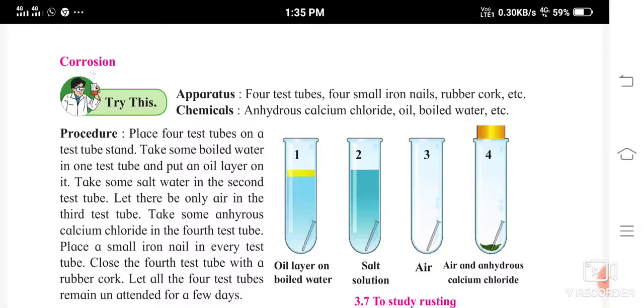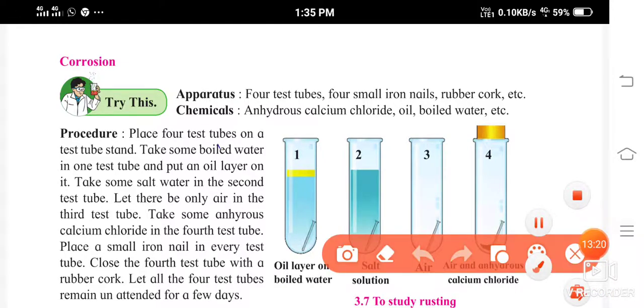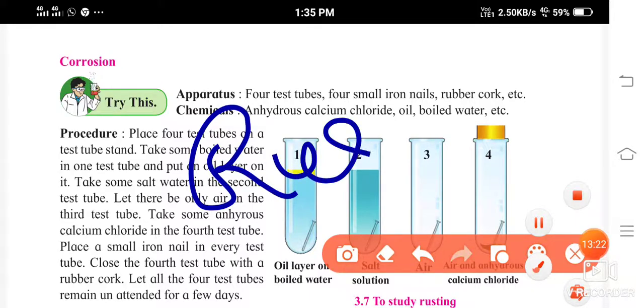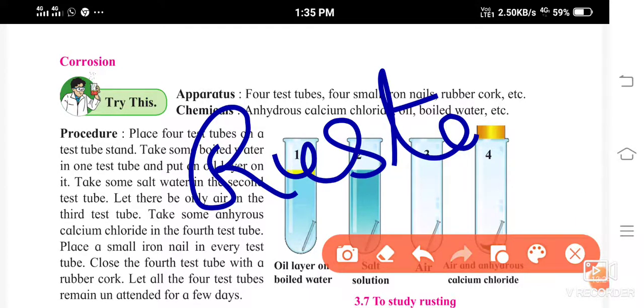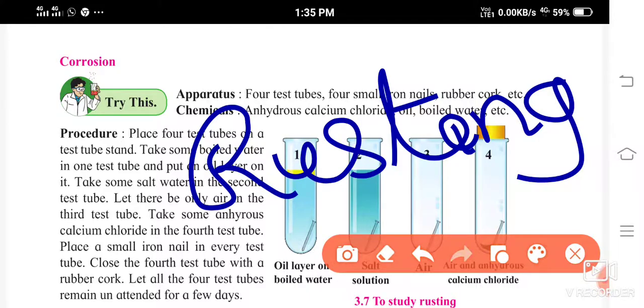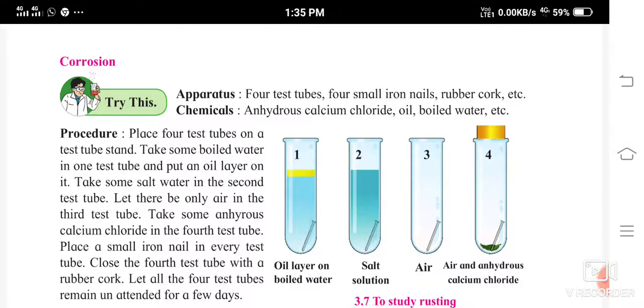So you know that in the case of iron, we call it rusting. Because of this, corrosion has taken place and the metal becomes weak.